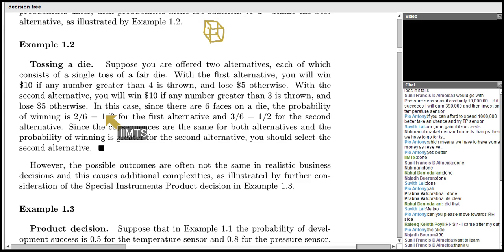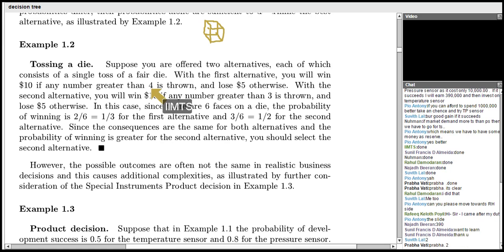Why is it 2/6? For example, in the first alternative, you can throw any number greater than 4 and you win $5. What does it mean? How many numbers are greater than 4 on the 6-face die? There are 2. Yeah, there are 2 faces that have numbers greater than 4, which means we have 2 chances.